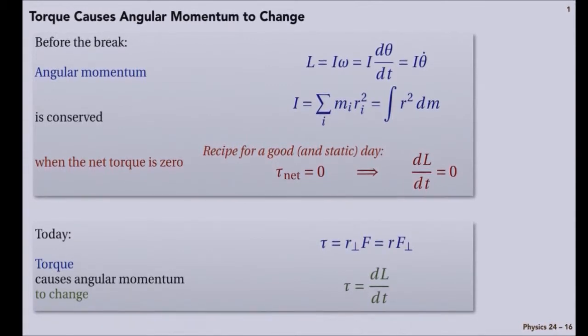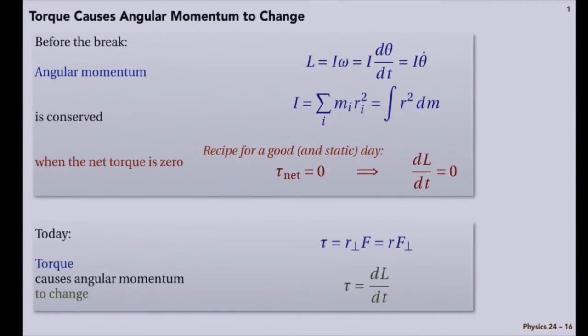And this is more complicated than p equals mv because this moment of inertia is a more complicated beast. It involves adding up for all the different masses the sum of the mass times whatever this r sub i thing squared is. What is r sub i? What does that stand for?